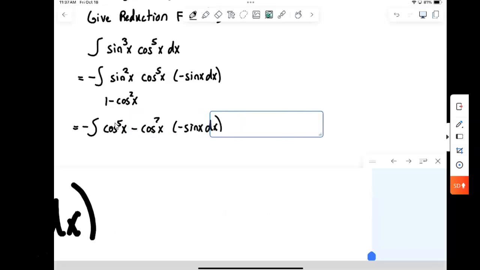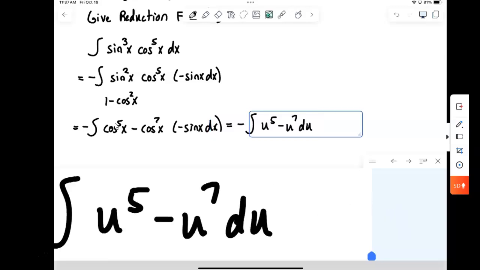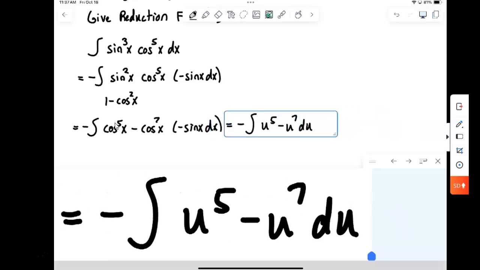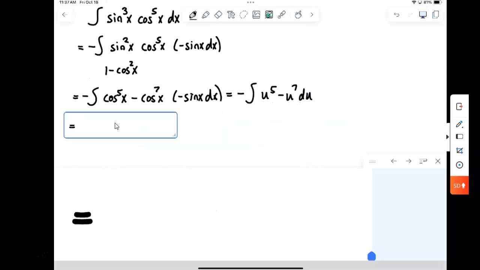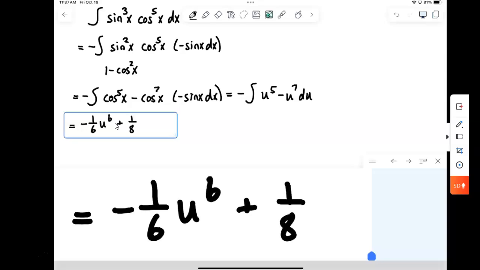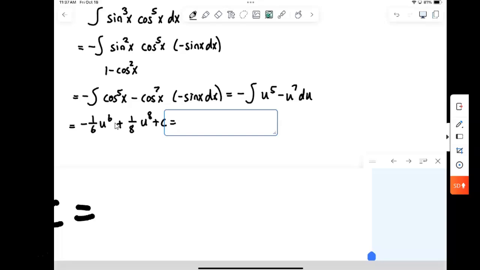So everything's set to change this over to the integral of u to the fifth minus u to the seventh du, and the negative still just hanging out there, so we do minor integration. And I'll have negative 1/6 u to the sixth plus 1/8 u to the eighth plus a constant, and then finally convert back to cosine.